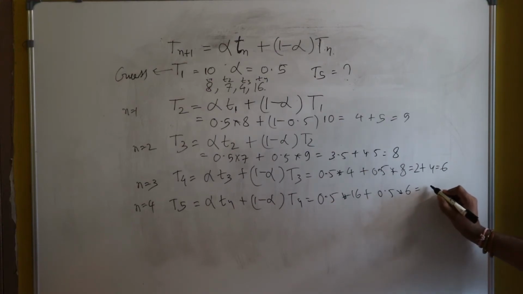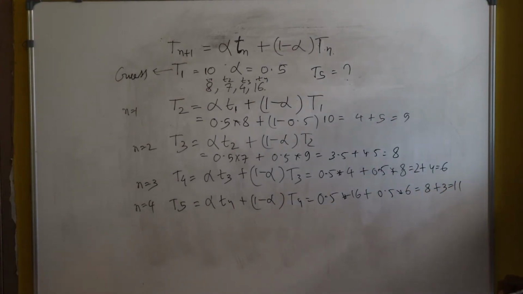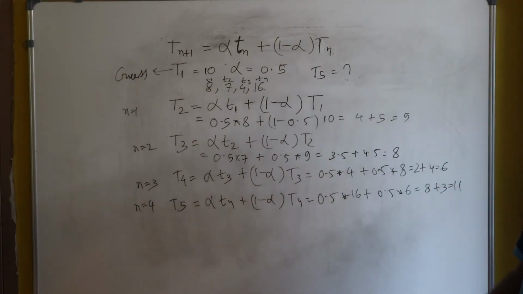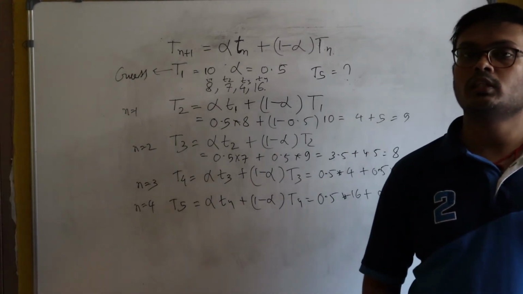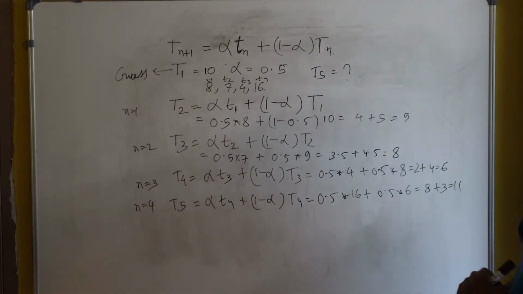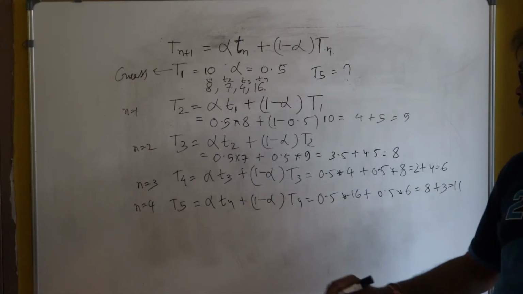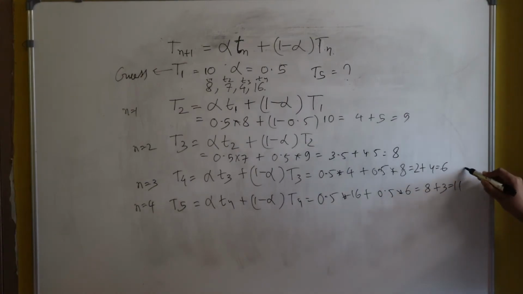It will be 8 plus 3, 11. So here we have predicted the burst time of process P5 is 11. Okay, are you getting it? So T5 is 11. That's the answer.